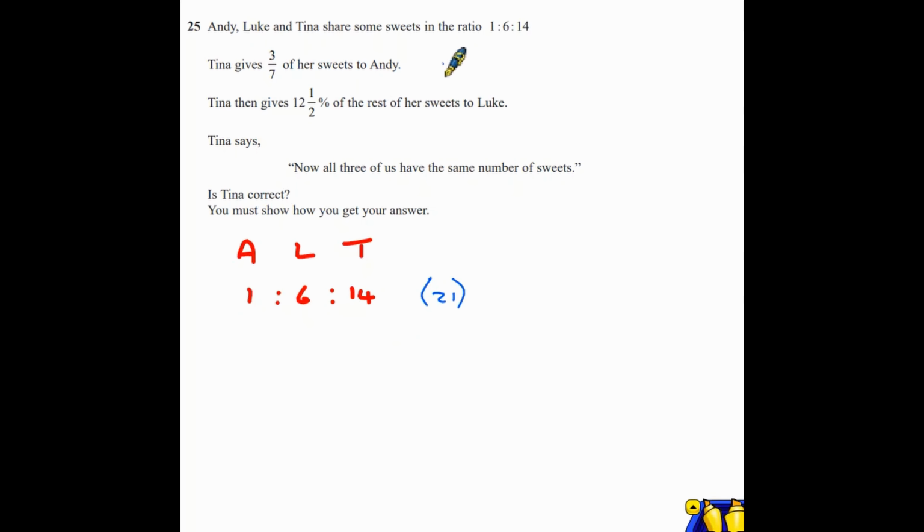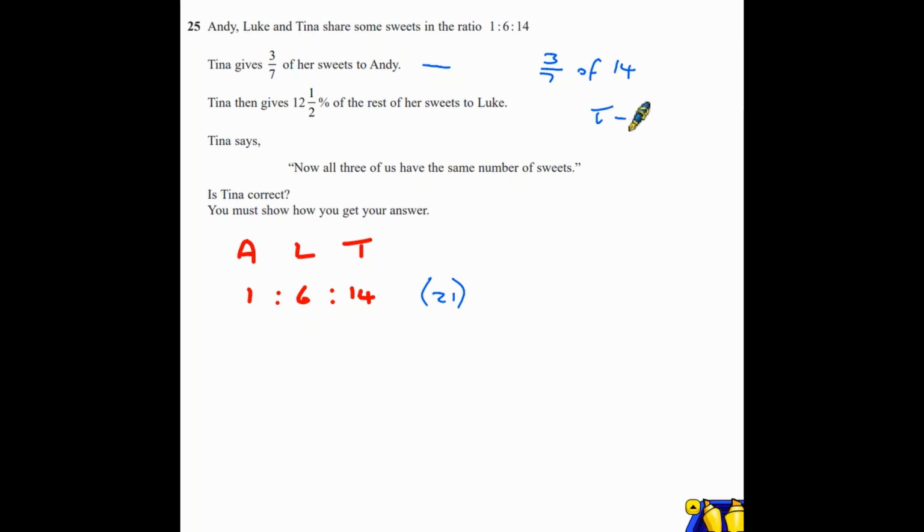Okay, let's look at the first part. Tina gives 3/7 of her sweets to Andy. So we are looking for 3/7 of 14. So that's 14 divided by 7, which is 2, times 3, which is 6. So that means that Tina is going to give Andy 6 sweets.